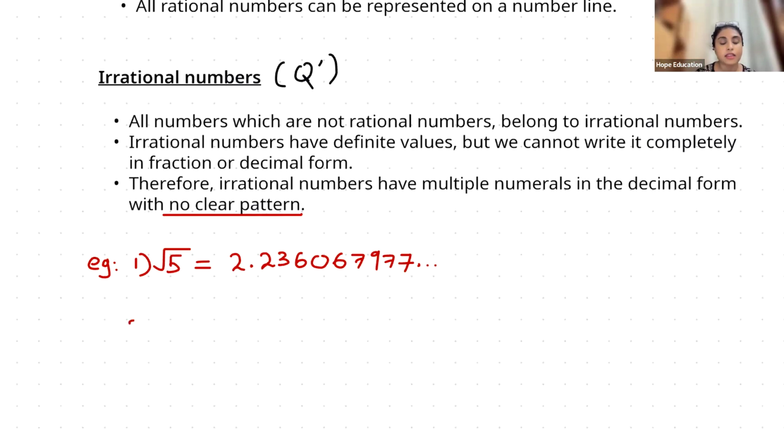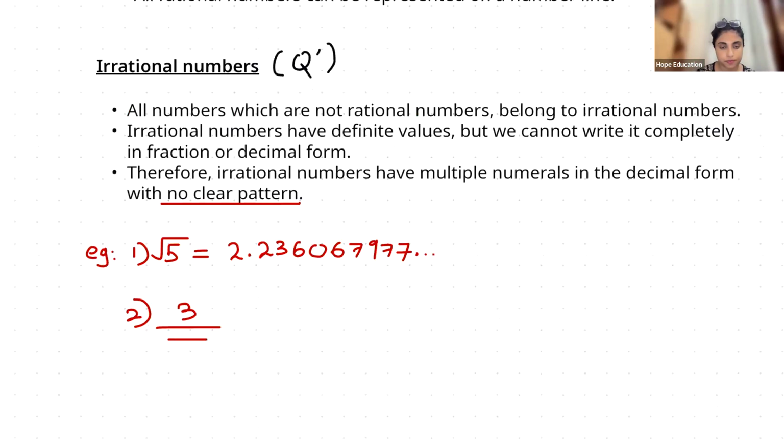If I take something like 3 over square root of 2, I will give you that value because of course I don't have that value memorized.